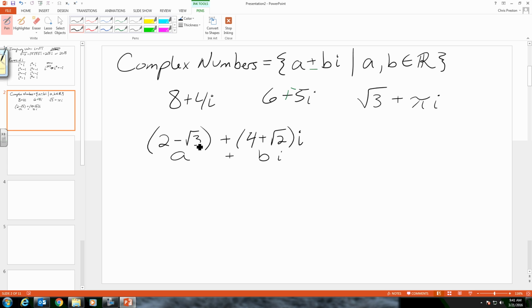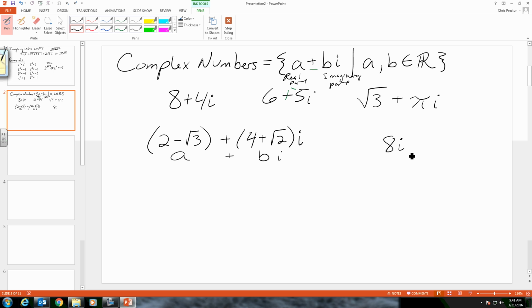So if you ever run into a situation where you're trying to add numbers together and they're not like terms, you have rational numbers and irrational numbers and you can't put them together, what you do is you group all your real numbers and all your imaginary numbers together, factor out the i. So this a is called the real part, and this bi is called the imaginary part of the number.